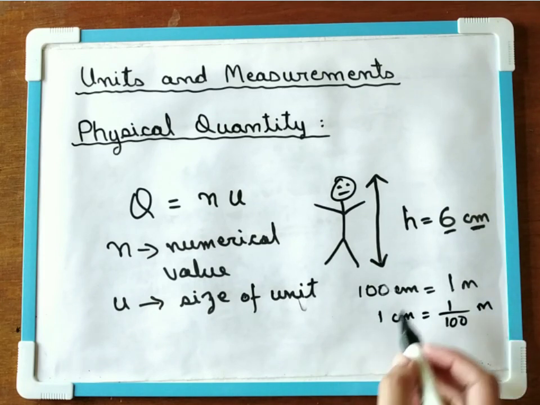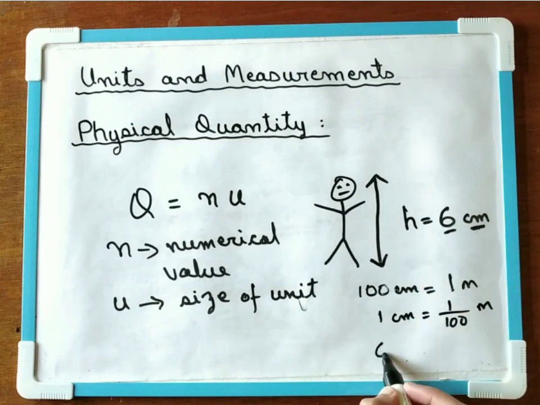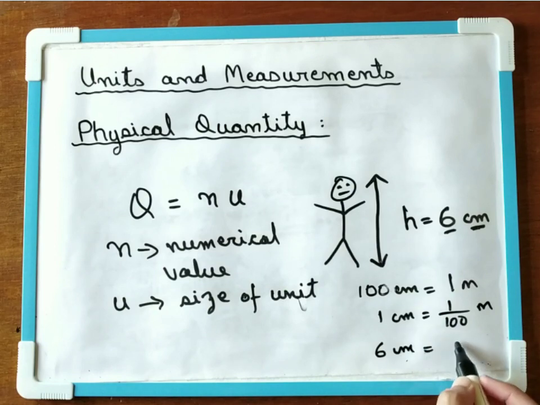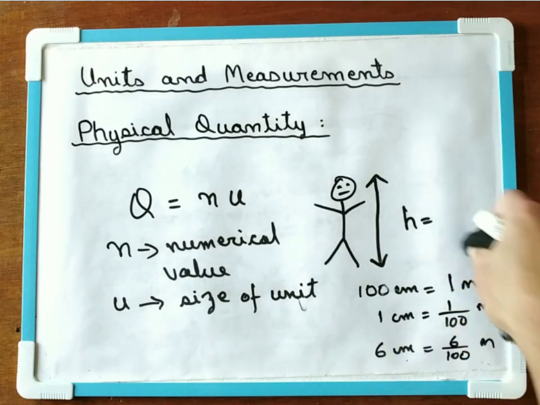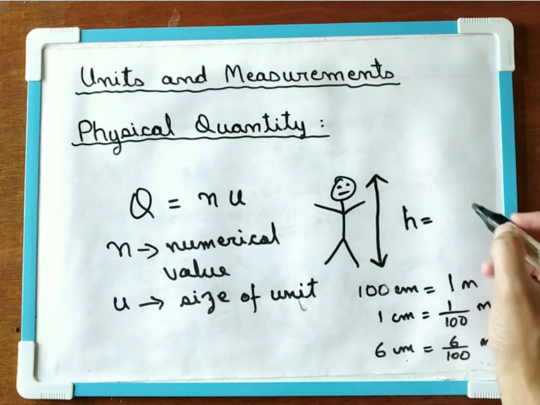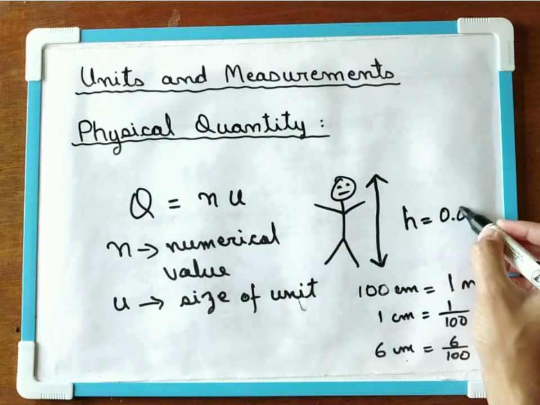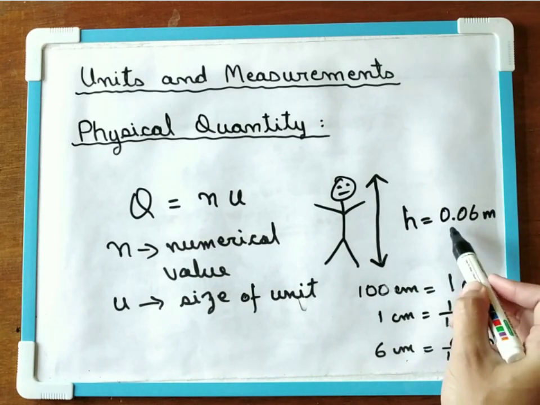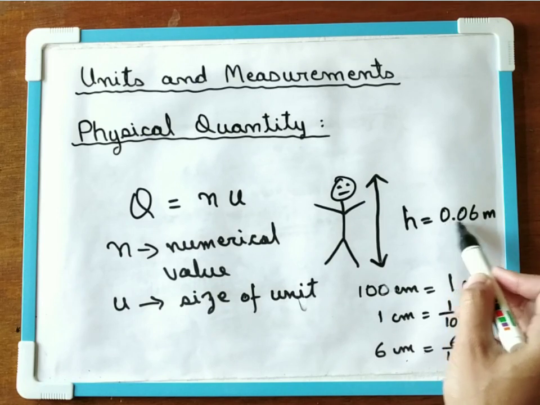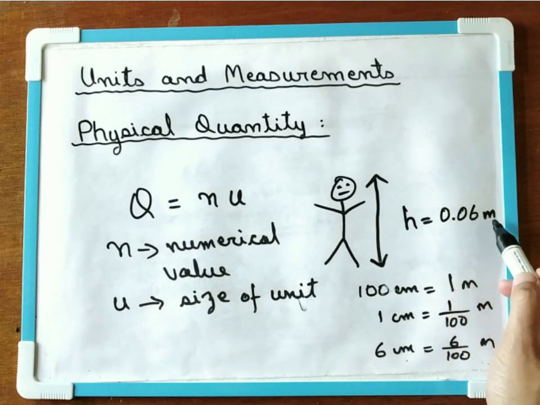So 6 centimeter will be equal to 6 by 100 meter. And 6 divided by 100 will give you, so h can be expressed as 0.06 meter. You can see here the numerical value is small when the size of the unit is large.